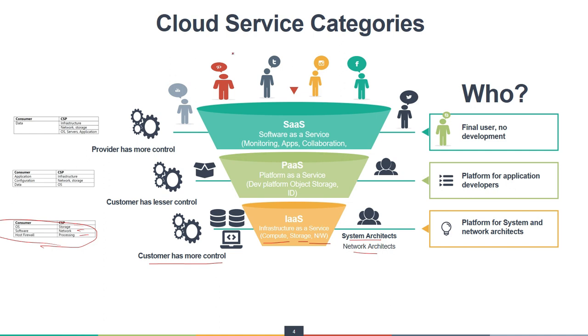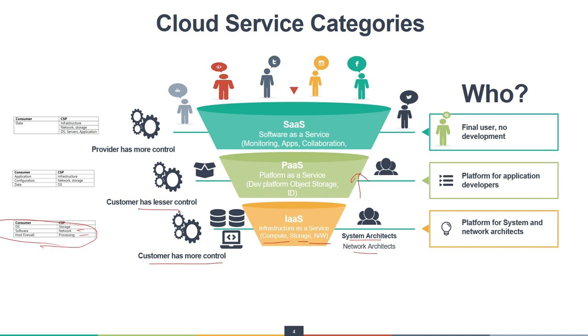When we move up to platform as a service, who uses platform as a service? Basically, this is the playground for the developers. This offers the platform for development. It provides the OS. It provides the platform for object storage, etc. And the application developers are the primary users of platform as a service.